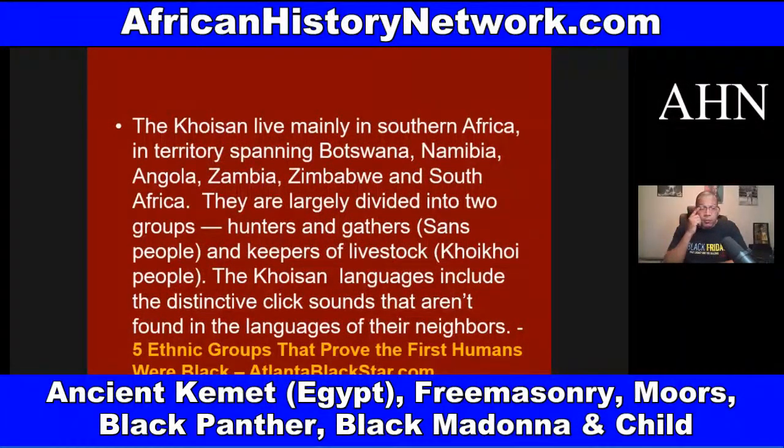The Khoisan languages include distinctive click sounds that are not found in the languages of their neighbors. AtlantaBlackStar.com has a good article dealing with some of this information: 5 ethnic groups that prove the first humans were black.